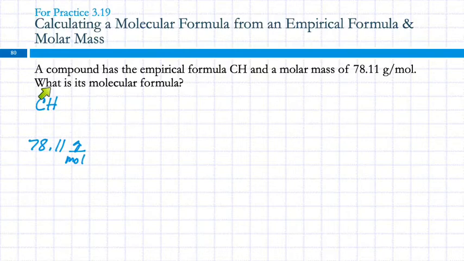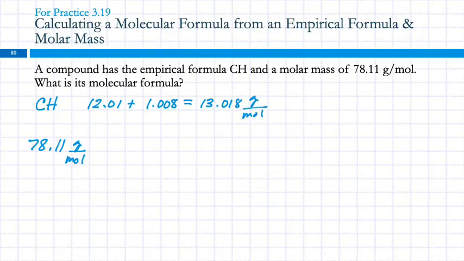What is the mass of the empirical formula? Well, we can calculate that, right? There's 1 carbon and 1 hydrogen. So that's going to be 13.018 grams for every mole. This is smaller than the actual molar mass.